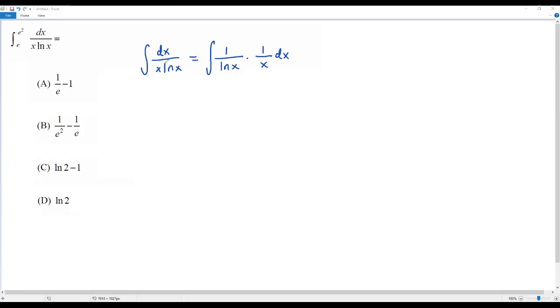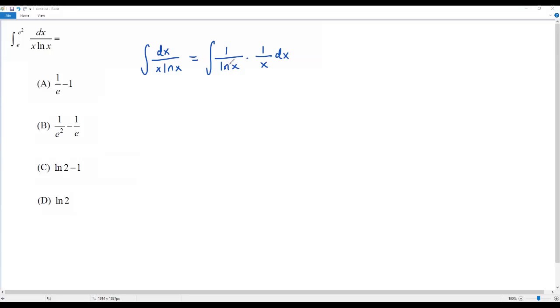If I split it up like this, I can use the method of substitution, because I know that the derivative of the natural logarithm of x is 1 over x. So in this integrand, the derivative of a particular part is multiplied in the integrand itself. Whenever that happens, we can use the method of substitution.